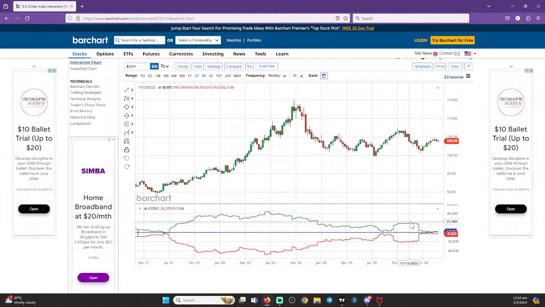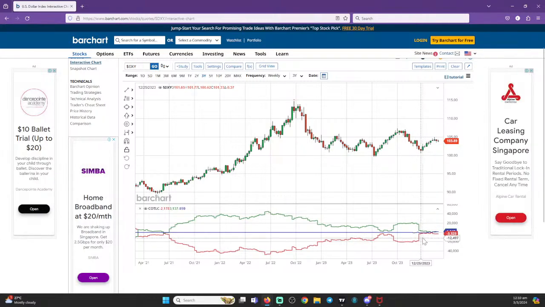Okay, because we're in a neutral position here for the large institutions and banks, I don't see the dollar expanding anywhere anytime soon. It's just going to be sideways continuation.